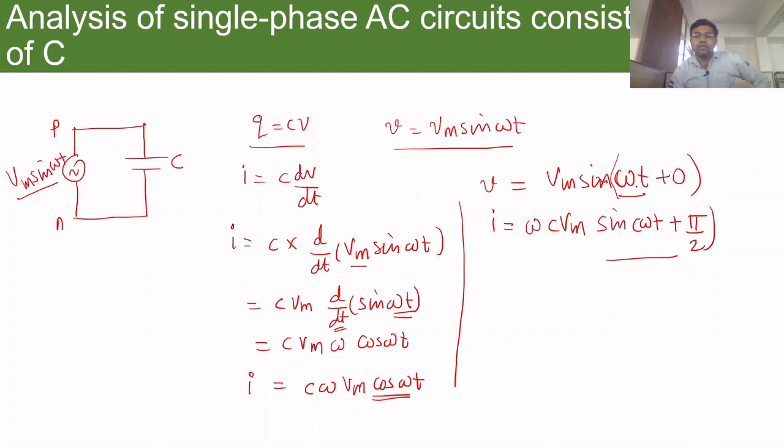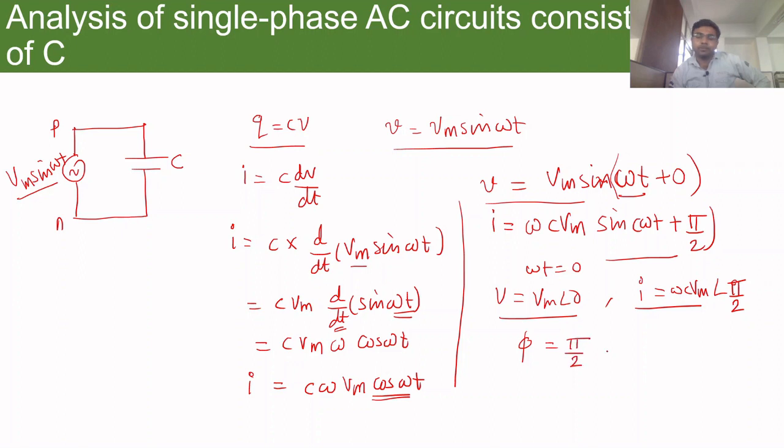So when you compare at omega t equal to 0, voltage is having phase of 0, while current will have the amplitude omega C Vm and angle of 90 degrees, meaning pi by 2. So it means that current is leading with respect to voltage by an angle of 90 degrees. So phi, the angle between the two, is pi by 2.